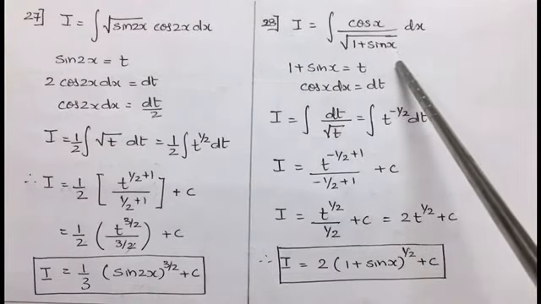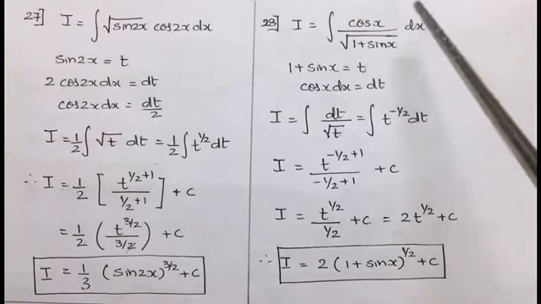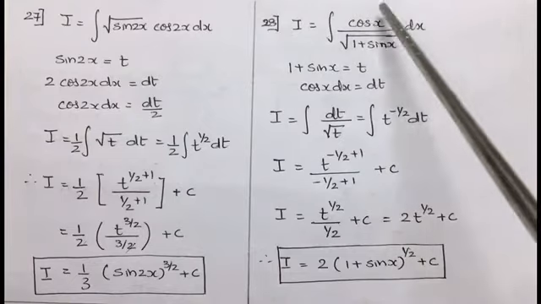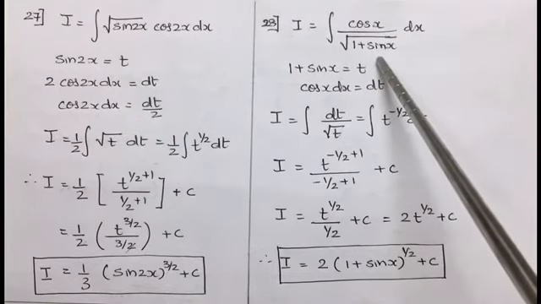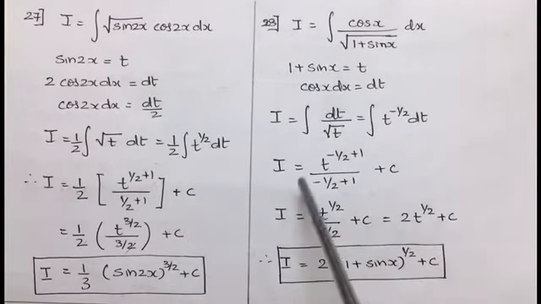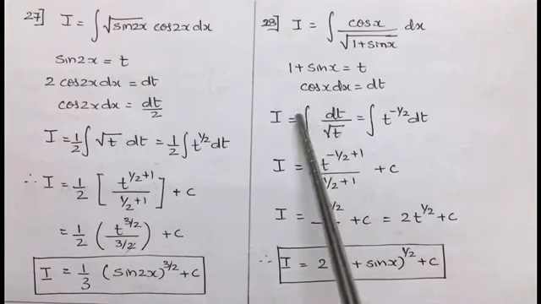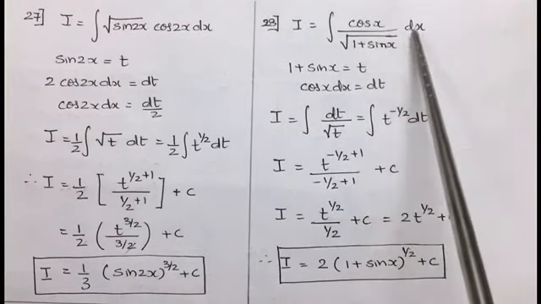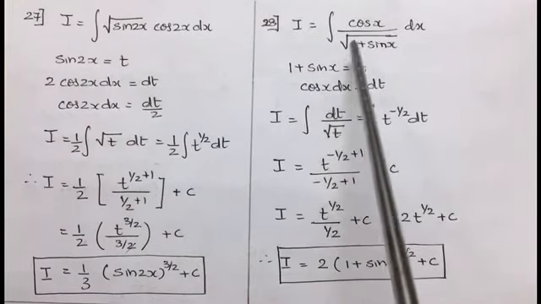Now in method of substitution, most of the time whatever is written up becomes the derivative part and we always assume whatever is written down as t. So we get here I is equal to, in the place of cos x dx, dt is kept.